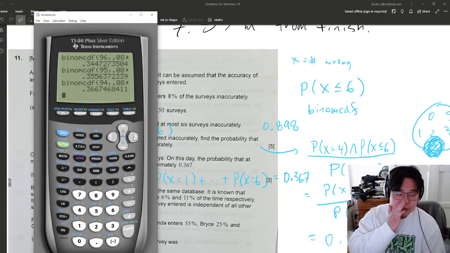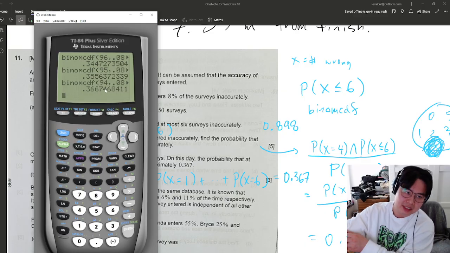There it is. I mean, yes, I could have, instead of going down by 1 each time, done more.